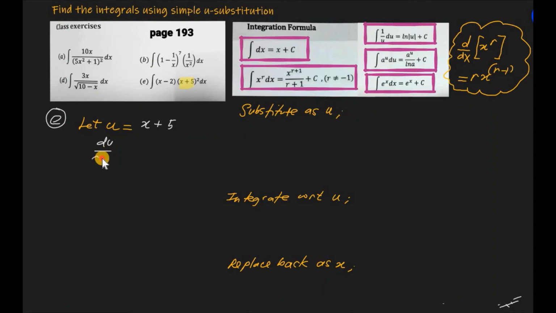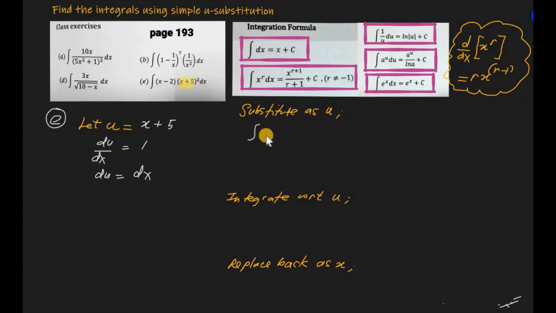And we need to substitute everything there, dx. To get that dx, we need this du over dx. So integrating x is 1, integrating constant is 0. So there we have dx that we need in terms of u. Du is actually dx. Alright, so let's substitute.